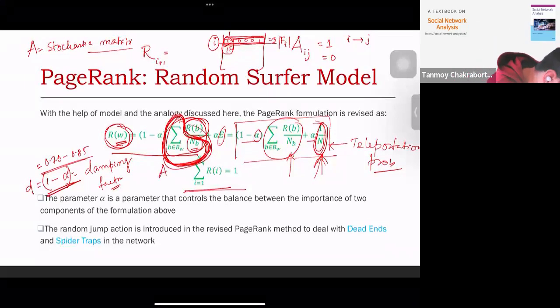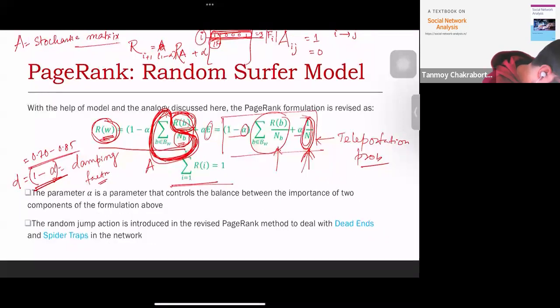So therefore you have A, and 1 minus alpha is definitely there, so 1 minus alpha A. What else is there? You also have RB. When you represent everything through a matrix, RW and RB are two elements of the matrix R. So this would be R, plus alpha. Now this is Ri. Why is this Ri?